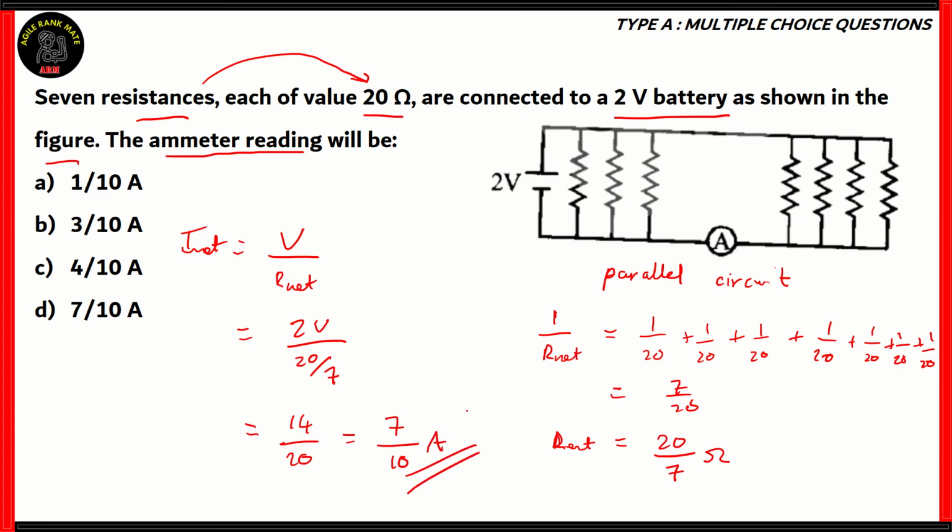So the net current is 7 over 10 amperes. But we also need to find out how much current passes through each resistor.